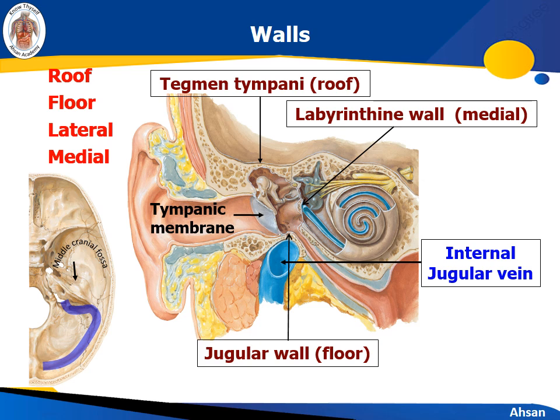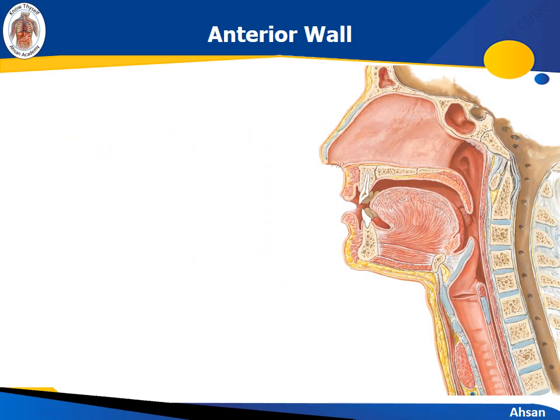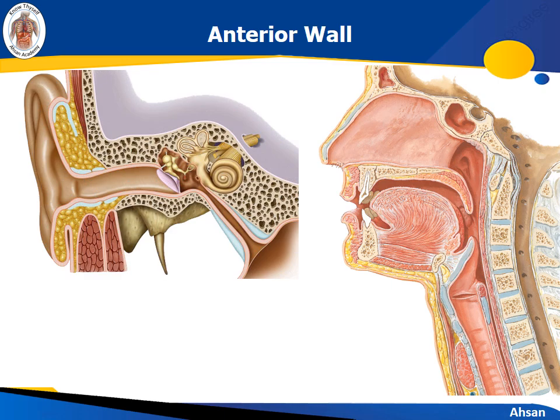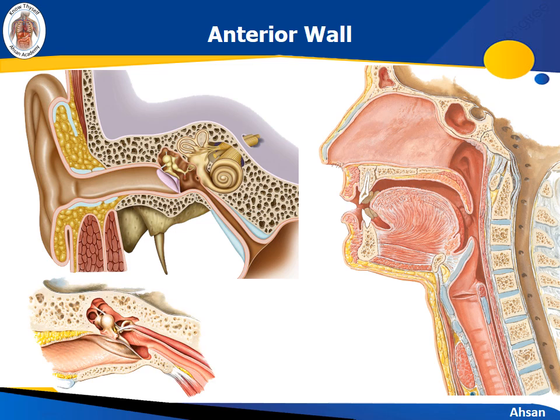The anterior wall is very thin, and some structures open into it. Let us see that. The anterior wall of the tympanic cavity, meaning the middle ear cavity. 2 important structures open into it.